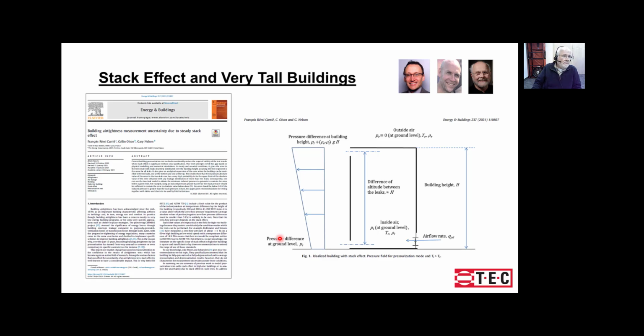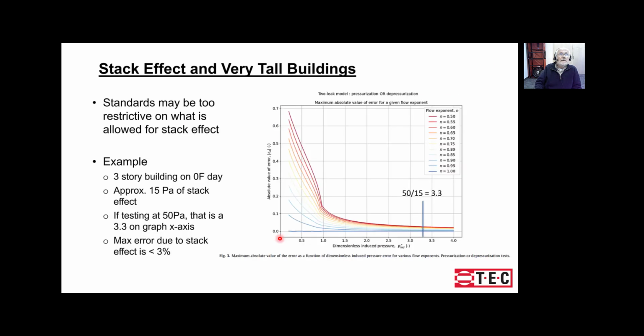And nobody really proved that, or I don't think anybody really had much of an idea at all if 5 pascals was too low a pressure or too high a pressure to cause errors due to the stack effect. So the purpose of this study was to try to understand better how stack effect causes errors in blower door tests. And here we'll prove that we're into the weeds.